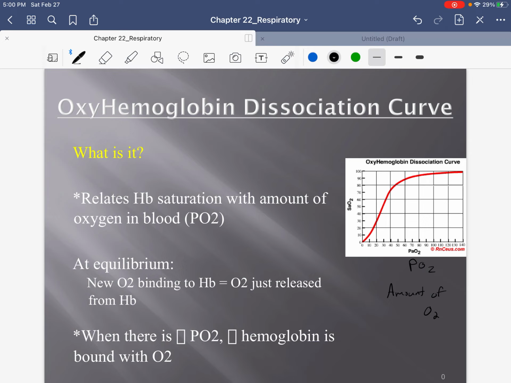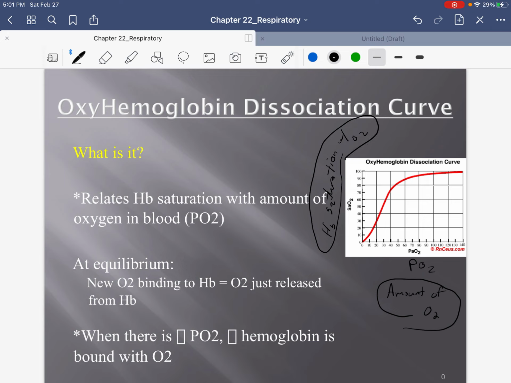So it might be easier for you when you're first trying to grasp this to just think of the x-axis as the amount of oxygen. So the x-axis is the amount of oxygen, and then the y-axis is hemoglobin saturation. And of course, we mean hemoglobin saturation with oxygen.